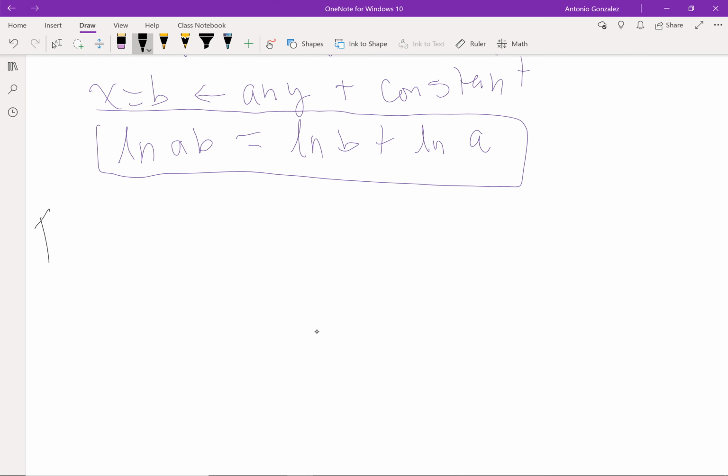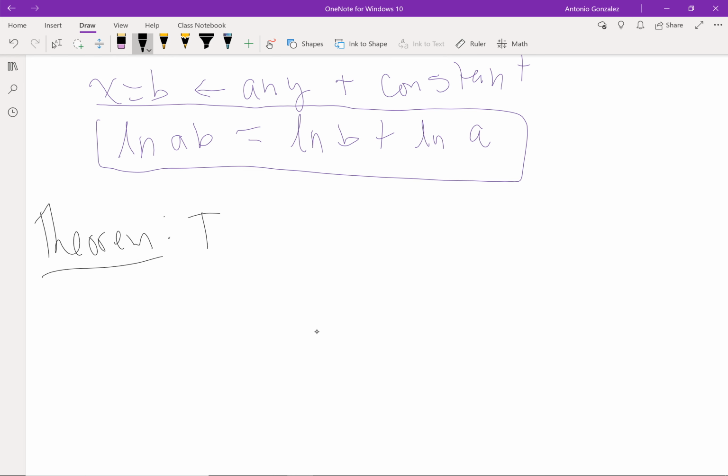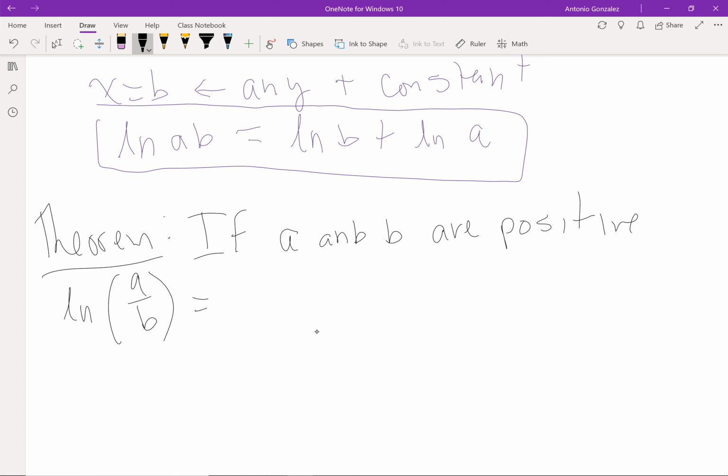For this one, we'll say if A and B are positive, the natural log of A over B is equal to the natural log of A minus the natural log of B.